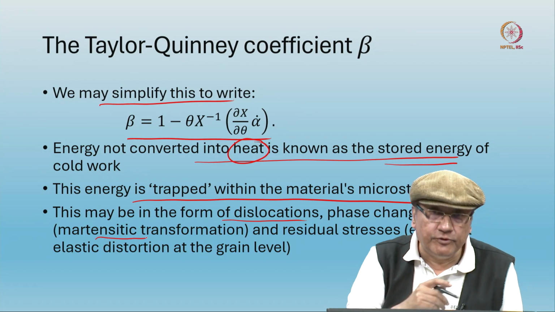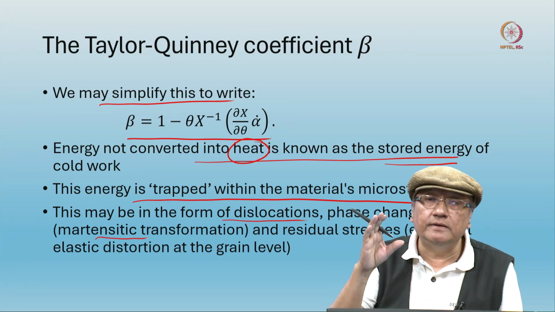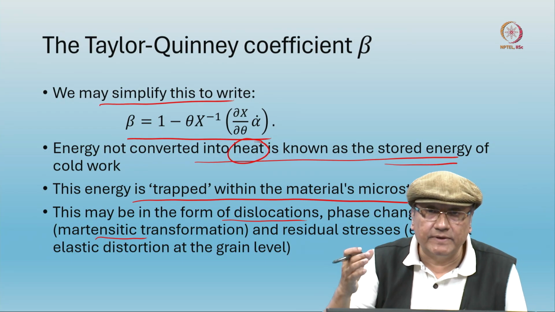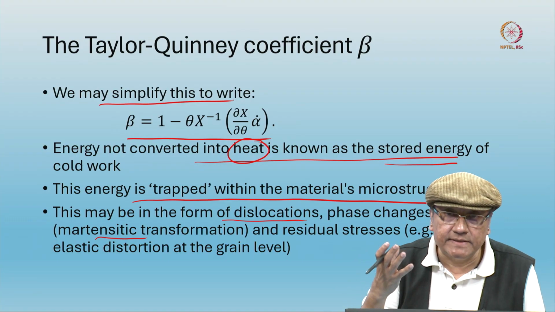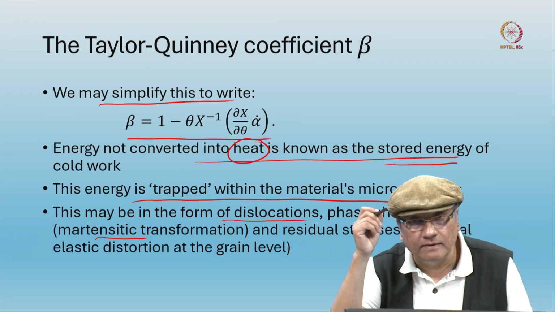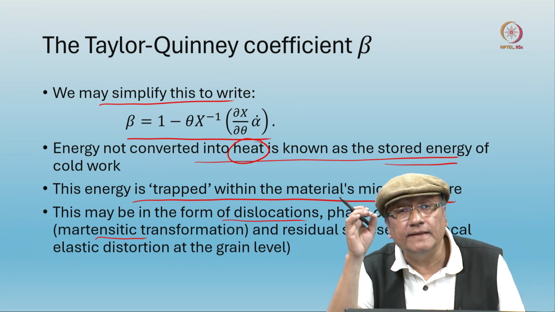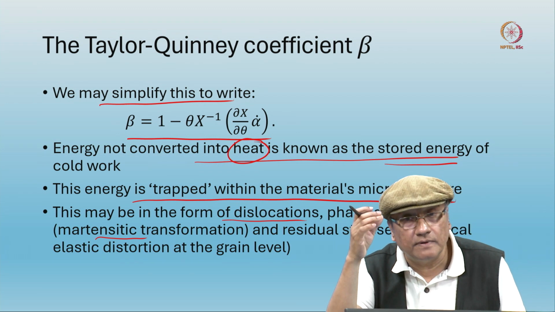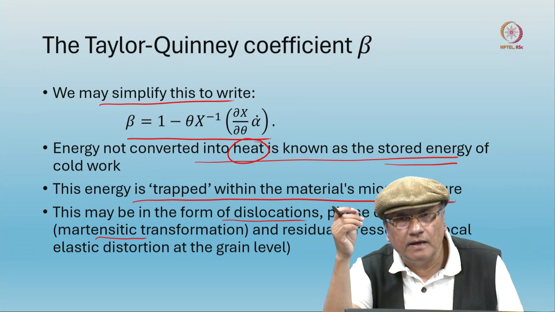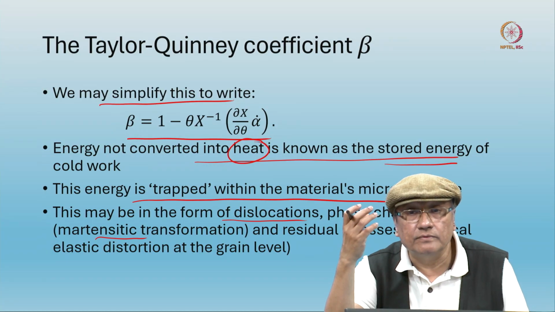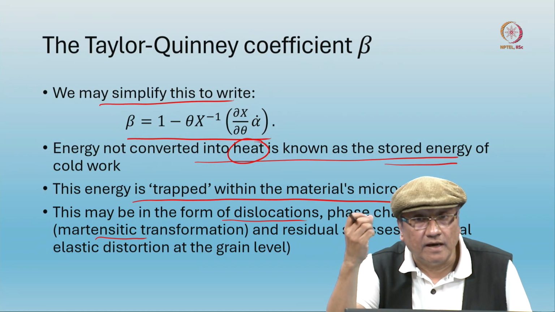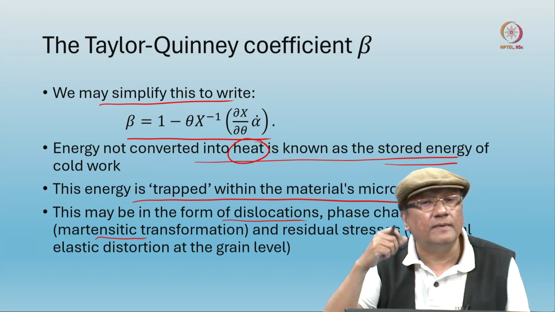Martensite means, during steel making for example, if you quickly quench, that is reduce the temperature of the steel specimen, then depending on the quenching rate it sometimes undergoes a very brittle transformation. It becomes very brittle and very hard. That is called martensite.